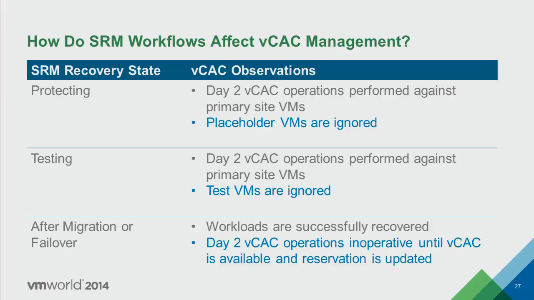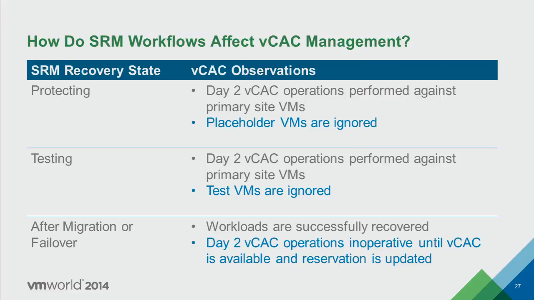Testing, as of 5.5 and the later versions of VCAC, 6.0, used to be a problem in the earlier versions, because VCAC didn't like it when you ran an SRM test. When you ran an SRM test, it would pop up another virtual machine as a test VM, or a snapshot if it was vSphere Replication, or a snapshot of the storage device if it was array replication.